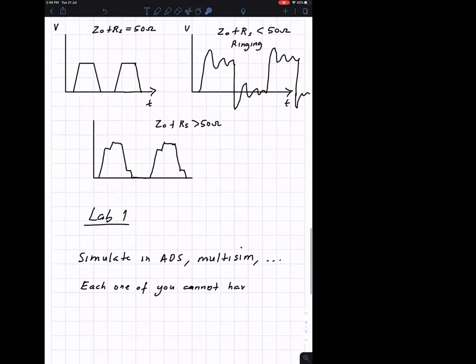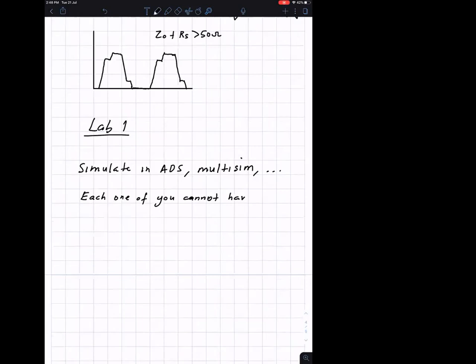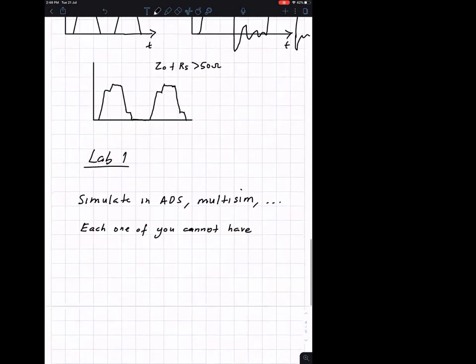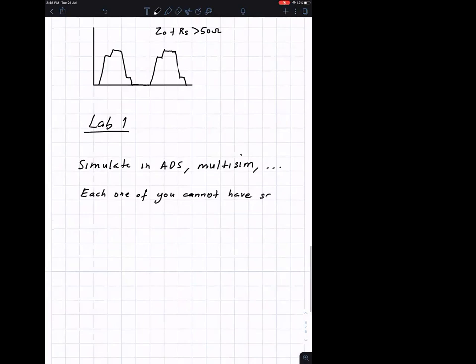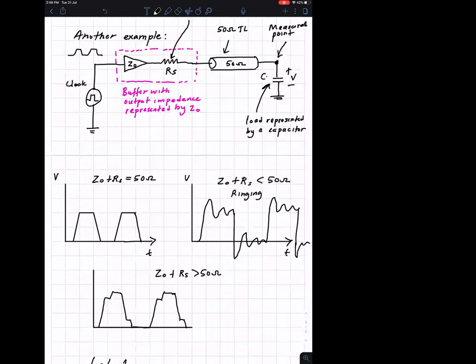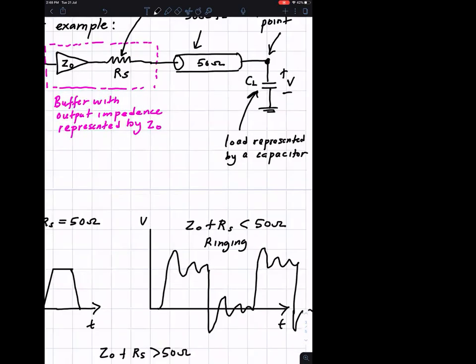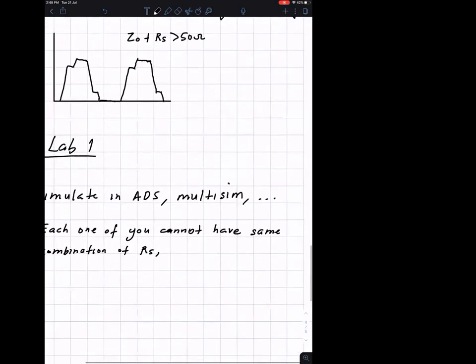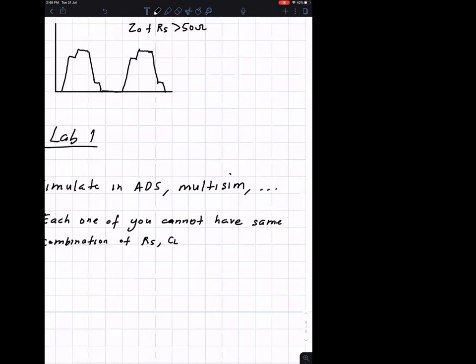So this is lab 1. Simulate in ADS or Multisim. You cannot have the same combination of RS, load capacitor value, call this CL, and the transmission line length, TL length.